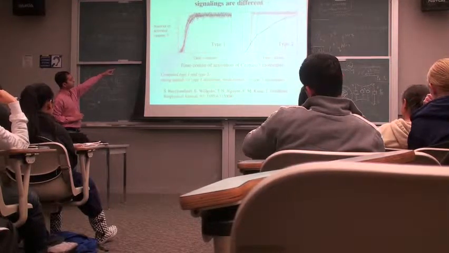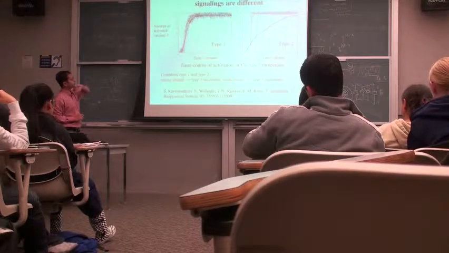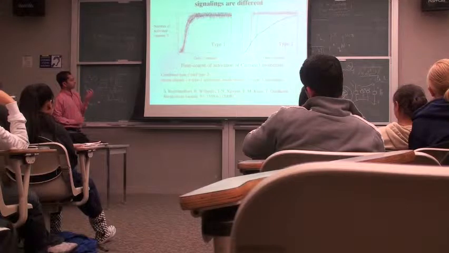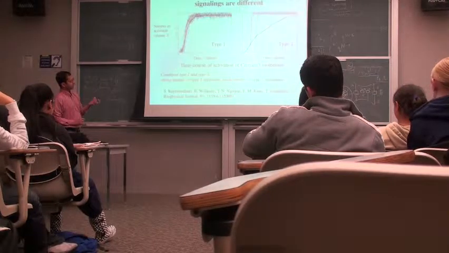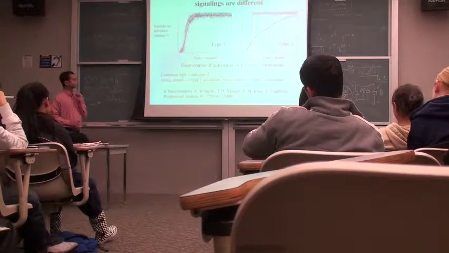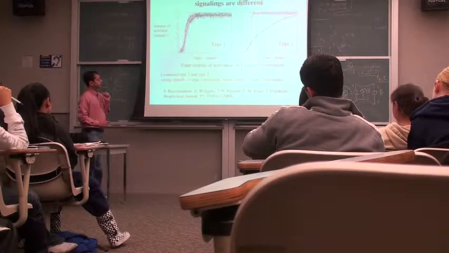Different colors in these two pictures represent different cells. You can imagine each simulation is representing one single cell. So these are single cell results.